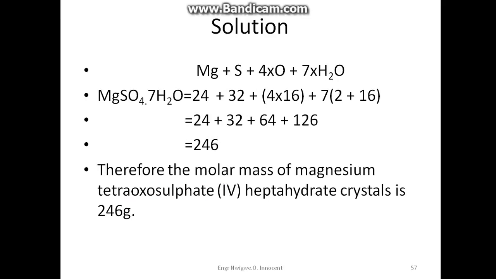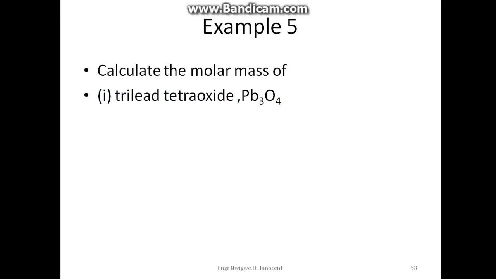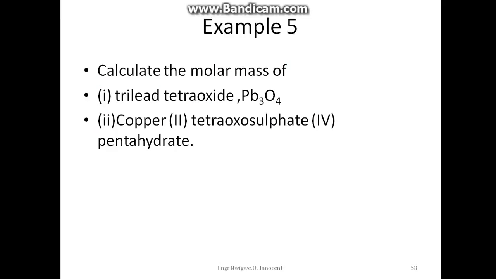Example 5. Calculate the molar mass of trilead tetraoxide and copper 2 tetraoxosulfate 6 pentahydrate. For the trilead tetraoxide, we have that 3 atoms are lead, then 4 atoms are oxygen.